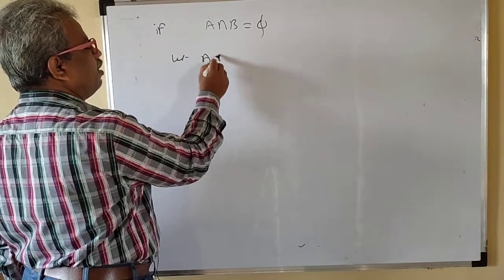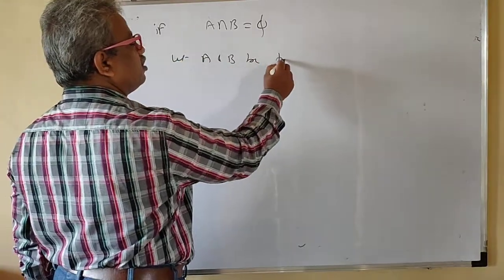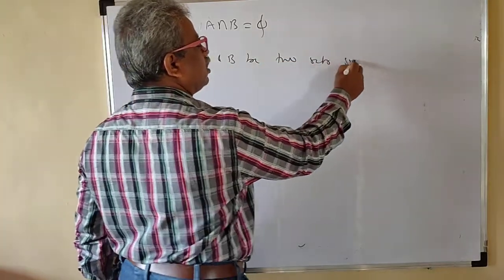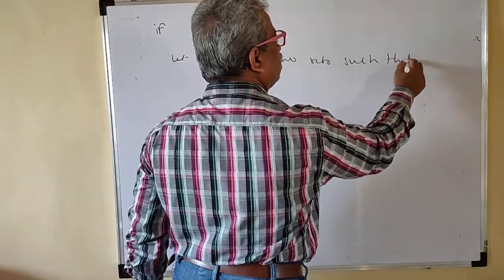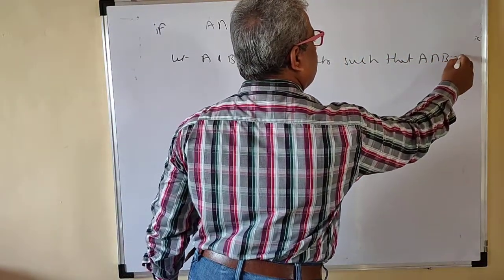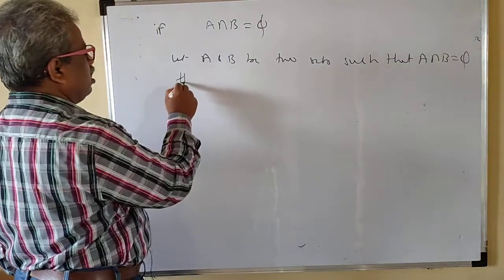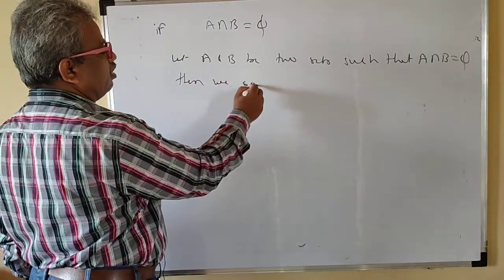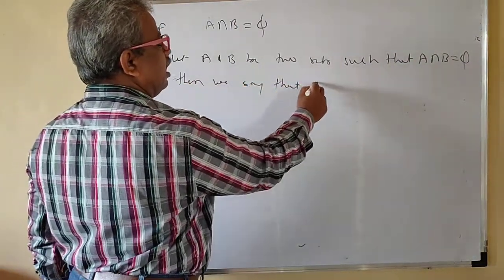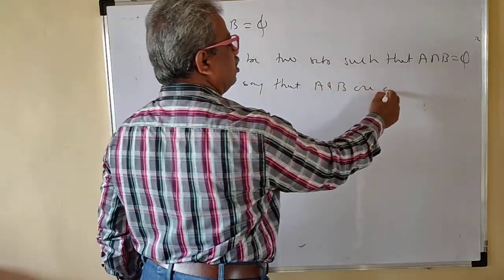Let A and B be two sets such that A intersection B is empty. Then we say that A and B are disjoint sets.